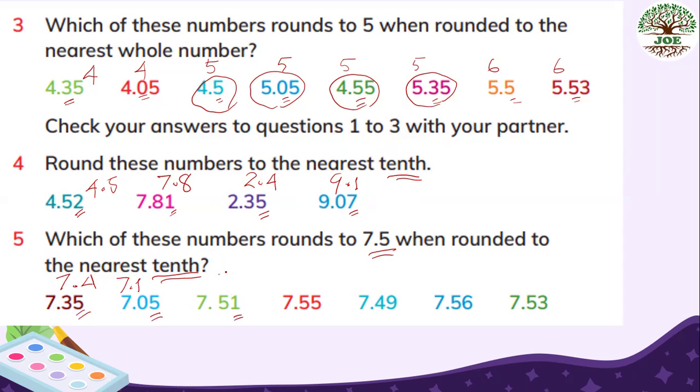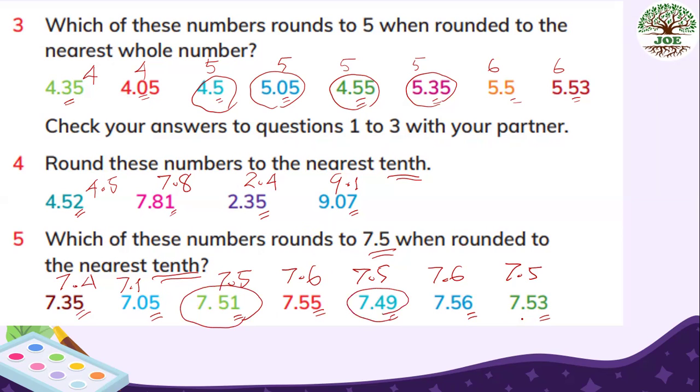This is 1, round down to 7.5. 5, round up to 7.6. This is 9, round up to 7.5. This is 6, round up to 7.6. This is 3, round down to 7.5. So the numbers that round to 7.5 are 7.51, 7.49 and 7.53. Right?